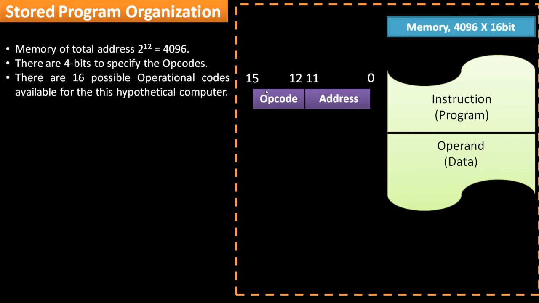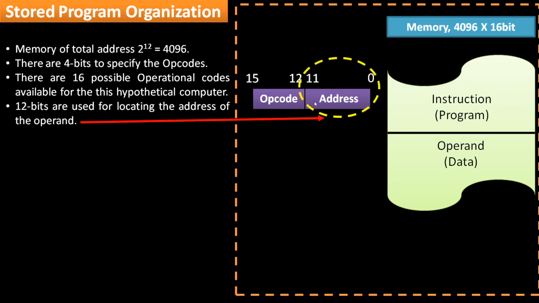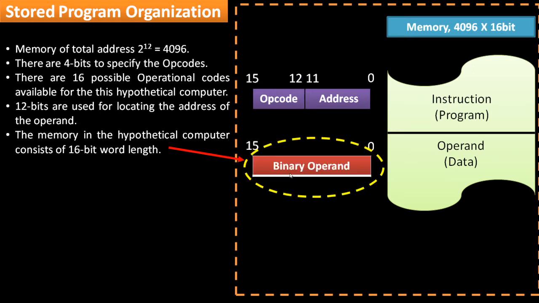So if there are 4 bits for the operational code, then there will be 16 possible combinations of operations that can be performed by this computer. These 12 bits will be used for locating the address of the operand.